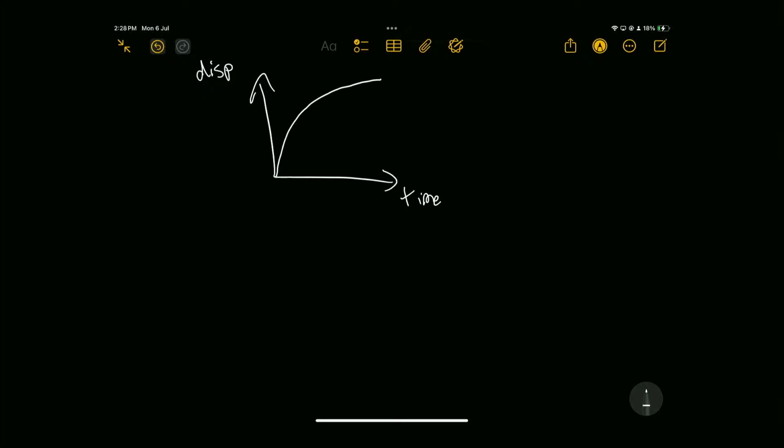Right, so it started off with a steep slope, which means it started off with a high velocity, but then after some time the slope gets less and less steep, and so the velocity gets smaller and smaller. So the velocity started off high and it decreased, and then it went to a low velocity. So we could say that it is decelerating. The velocity is being reduced, so it is decelerating.